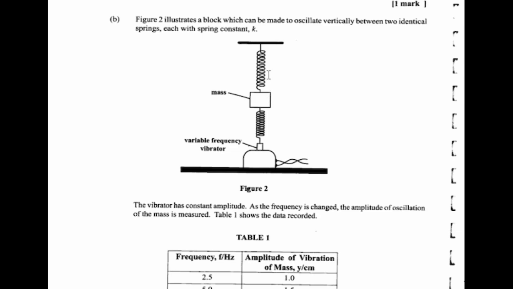It's going to move upward, up to a distance, and then stop. And then it's going to move back down to its equilibrium position. Then it's going to pass the equilibrium position and go downward, reach a position downward, stop, then go back up to its equilibrium position. And then it's going to go up again, stop, go back to equilibrium, go down, stop, go back to equilibrium, go up, stop, back to equilibrium, and so on and so forth.